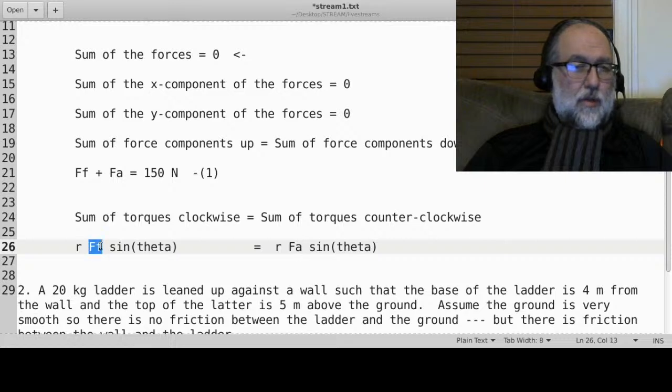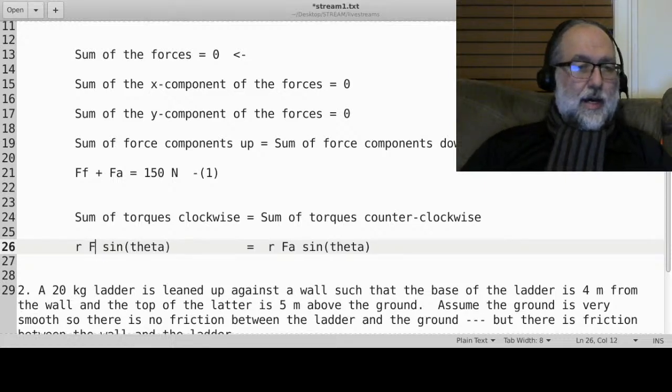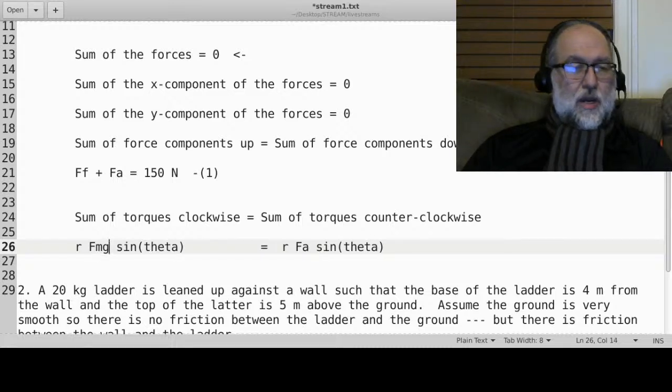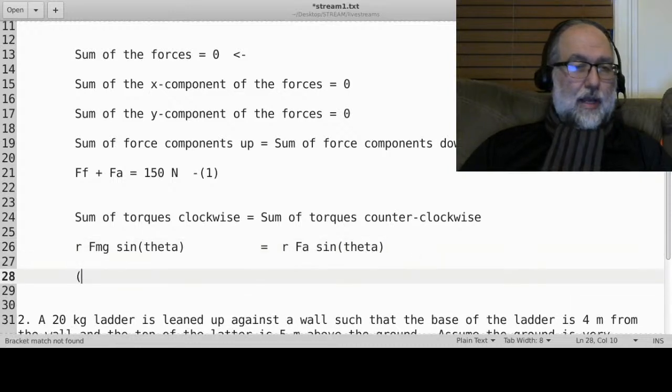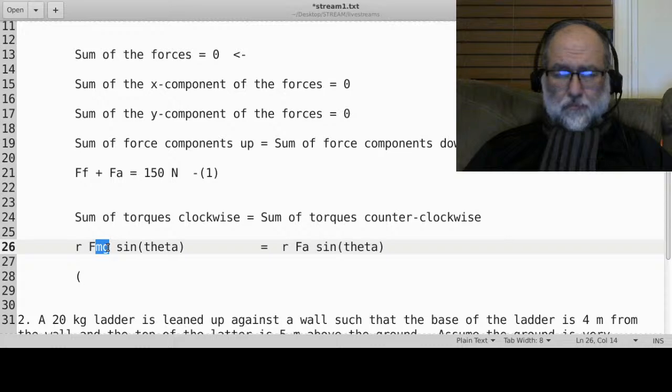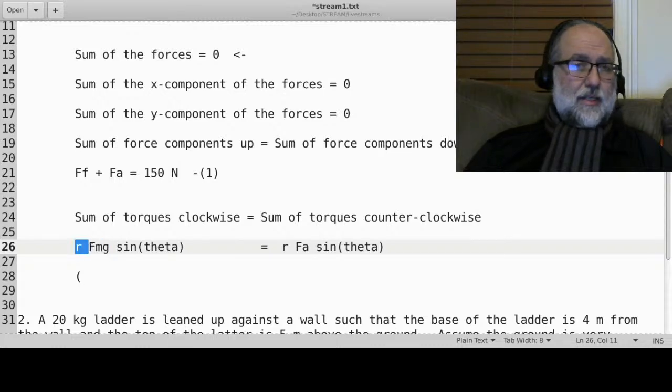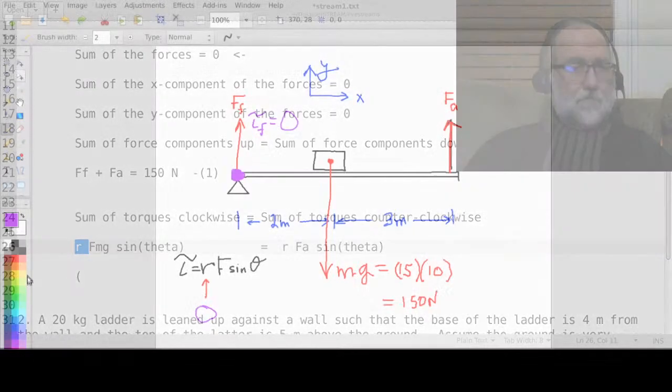Oh, sorry, not the fulcrum. The force due to mg there, like that. What shall we write? Let's just write mg, fmg, like that. So the weight of the mass that wanted to turn it clockwise, and the applied force that wanted to turn it counterclockwise. So let's go ahead and plug in the values here. So for the weight mg, that was at a distance of 2 meters. Let me show you that again.